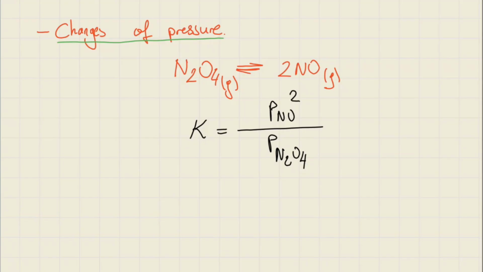If we increase the pressure by pressing the piston down, we create a new Qc.